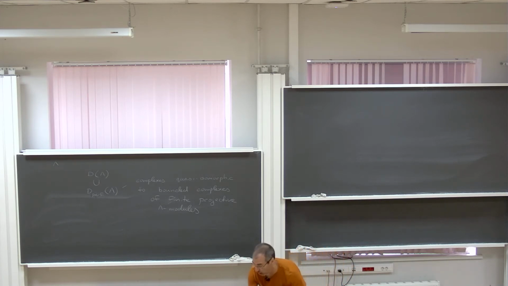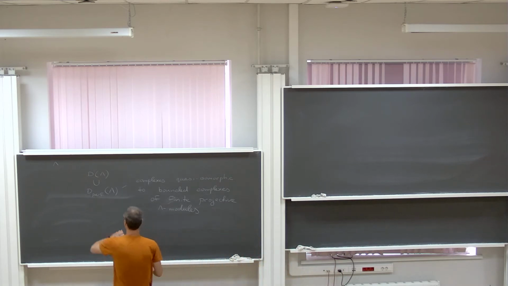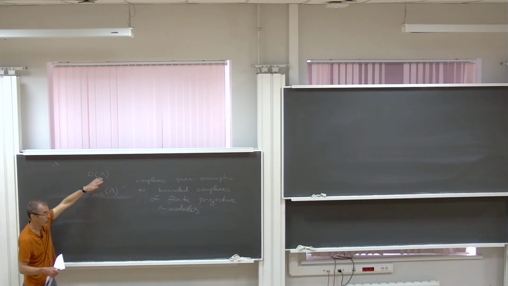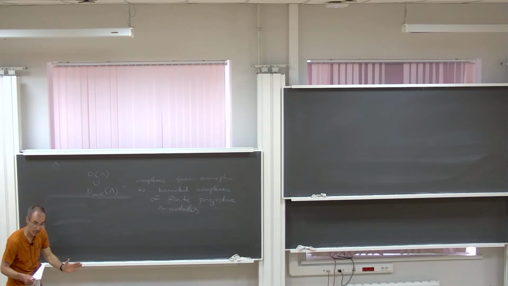And so you can think of this: this is the derived category. I recall that it's constructed by taking the homotopic category of complexes of lambda modules and then inverting quasi-isomorphisms.